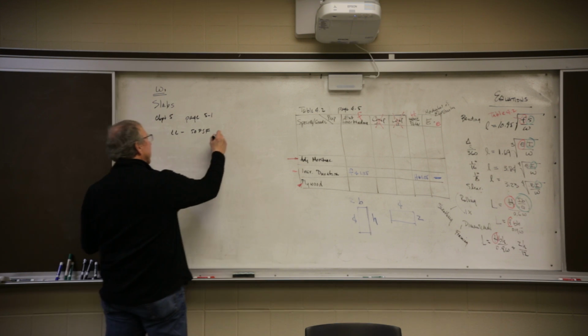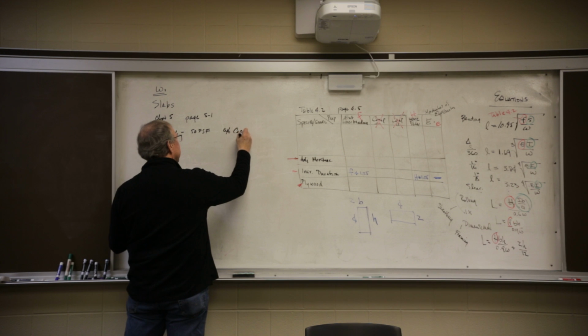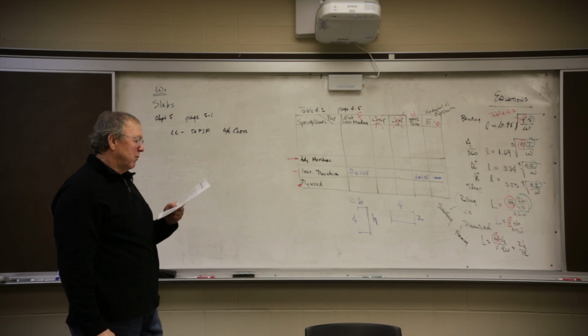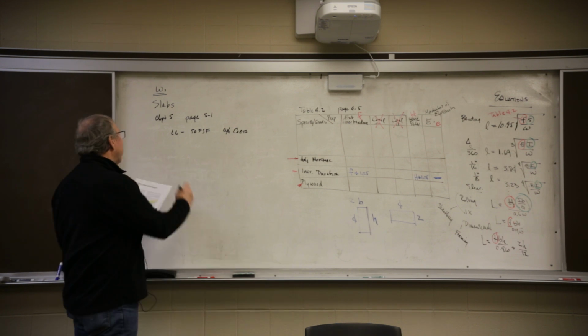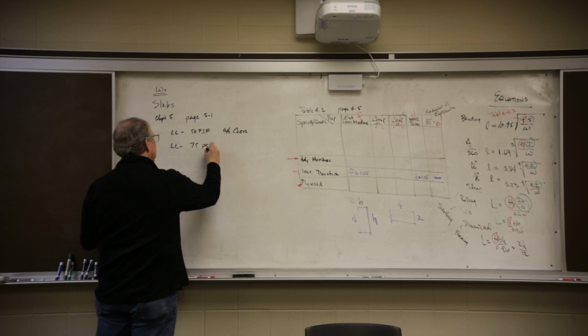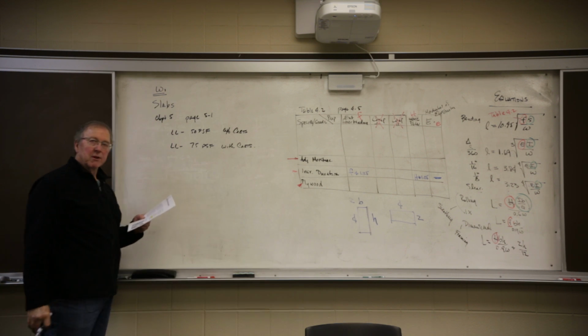This happens to be without carts. If you read the next statement, the minimum should be with motorized carts. Use a minimum of 75 pounds a square foot. With carts. How are you going to figure it out? Read the problem. It'll tell you.